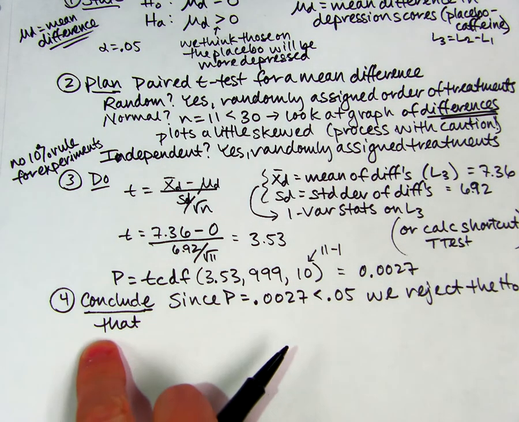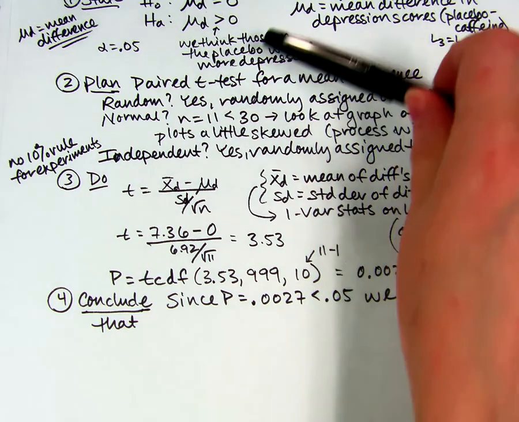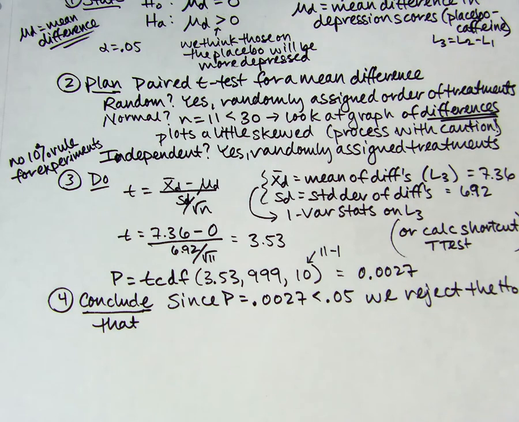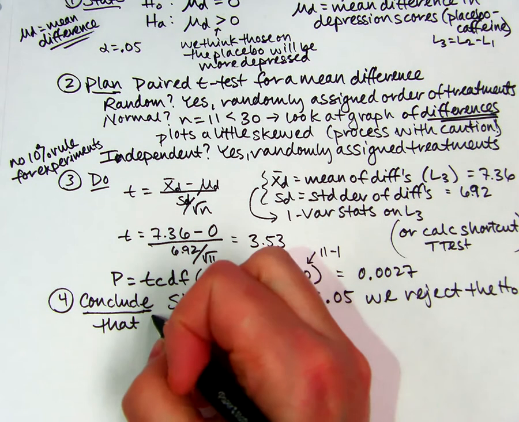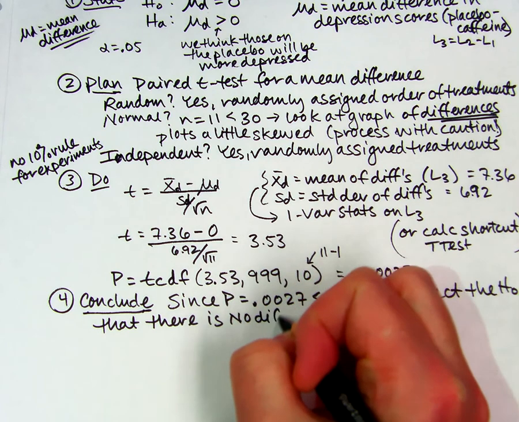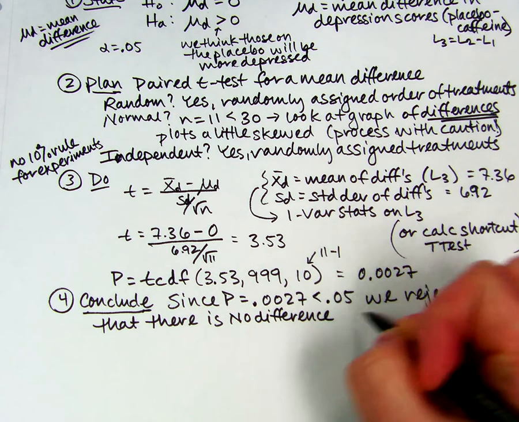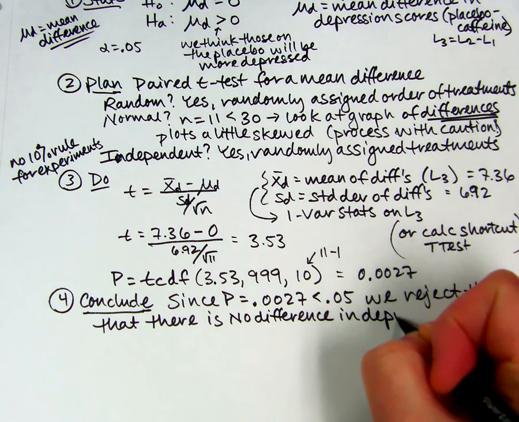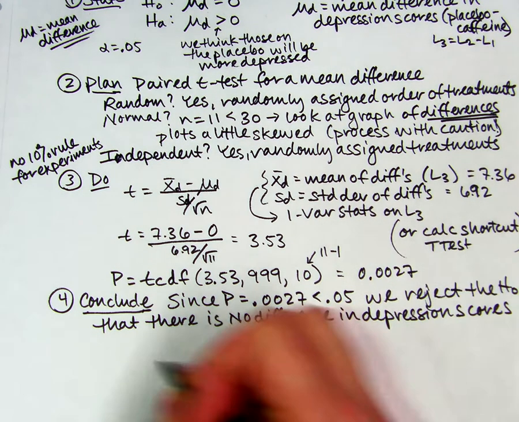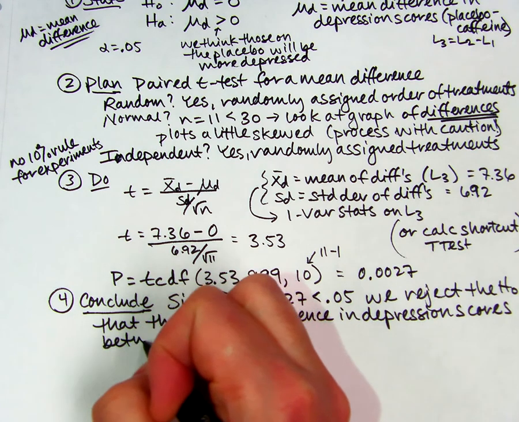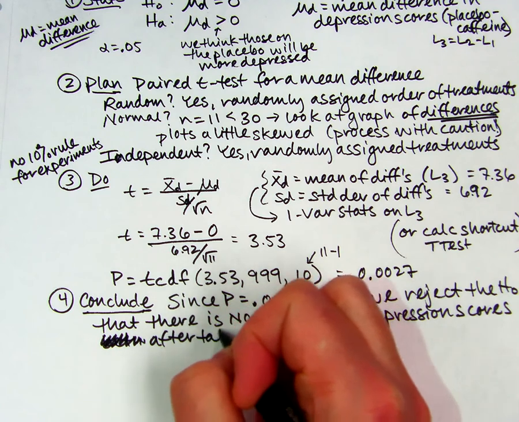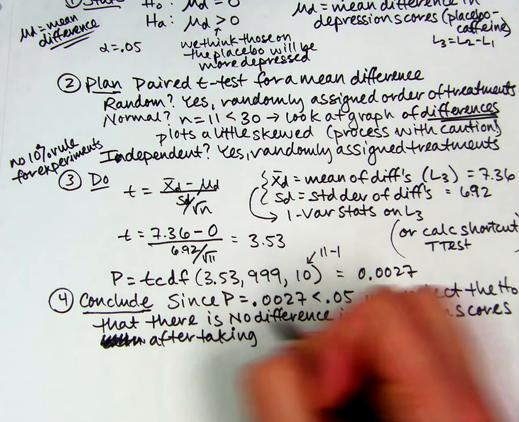And then here's where you have to start thinking a little bit. You have to think about what our null was. Our null is that there is no difference between placebo and caffeine. I'm going to say it that way, that there is no difference in depression scores after taking a placebo versus caffeine pill.